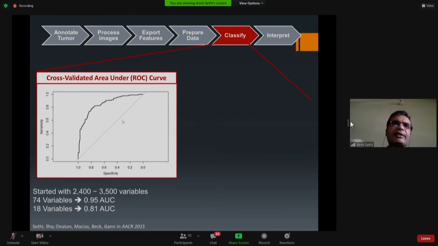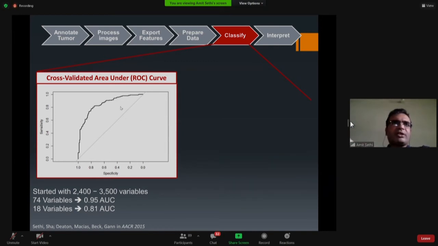This diagonal line that you see: if a curve comes out on the diagonal line, that means the model is not predictive at all. It doesn't do very well. It just gives you chance prediction. The curve should be above the line, and the further above the line it is, the better. The ideal curve would go straight up here and then straight right here, which means it is very accurate.